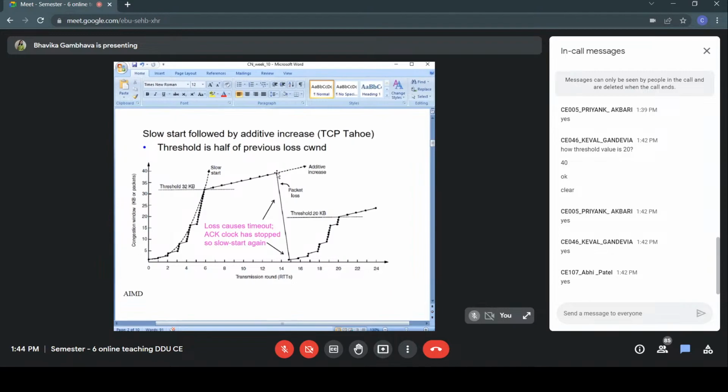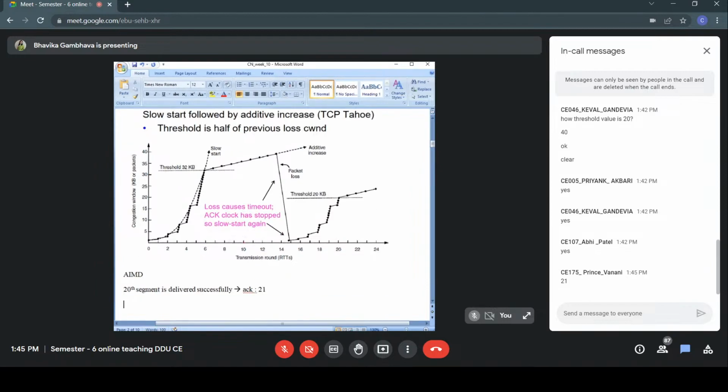So there is something called duplicate acknowledgement. Say the receiver has received 20 successfully. The 20th segment is delivered successfully. Let me write it. Then what acknowledgement would be generated by the receiver?